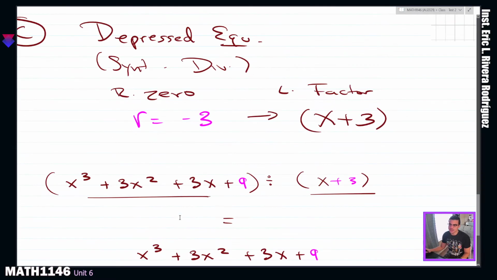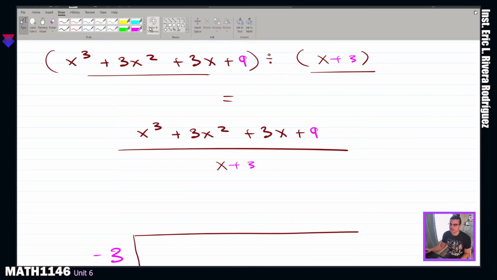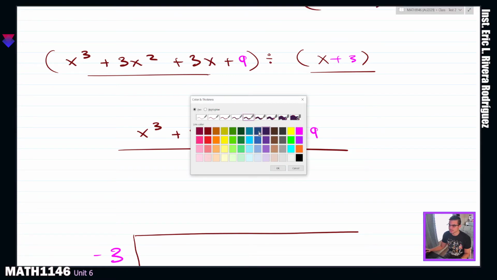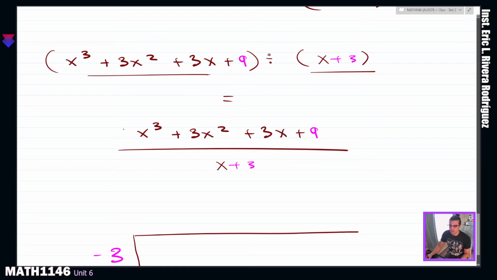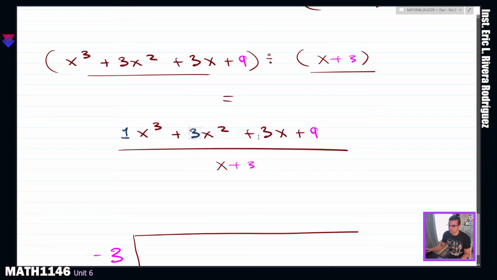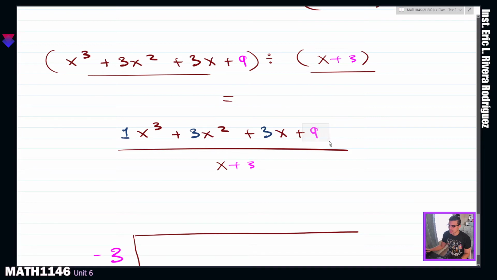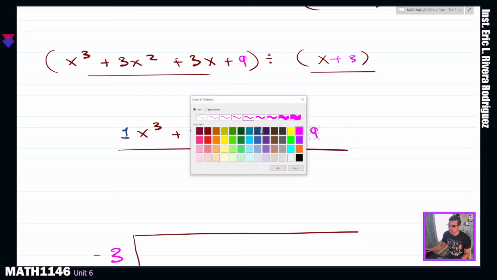What are you going to do next? Then you are going to select all the coefficients of that polynomial. And here it is an important detail.